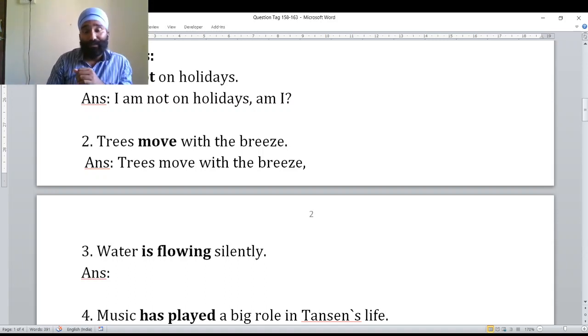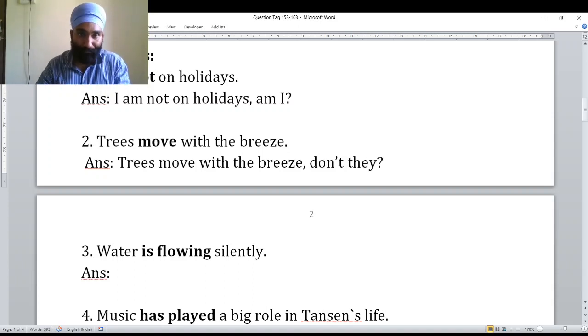So here tense is simple present tense and subject is trees, means it is plural. So for plural, which helping verb we use in simple present tense? Do. Don't they. Trees move with breeze, don't they.